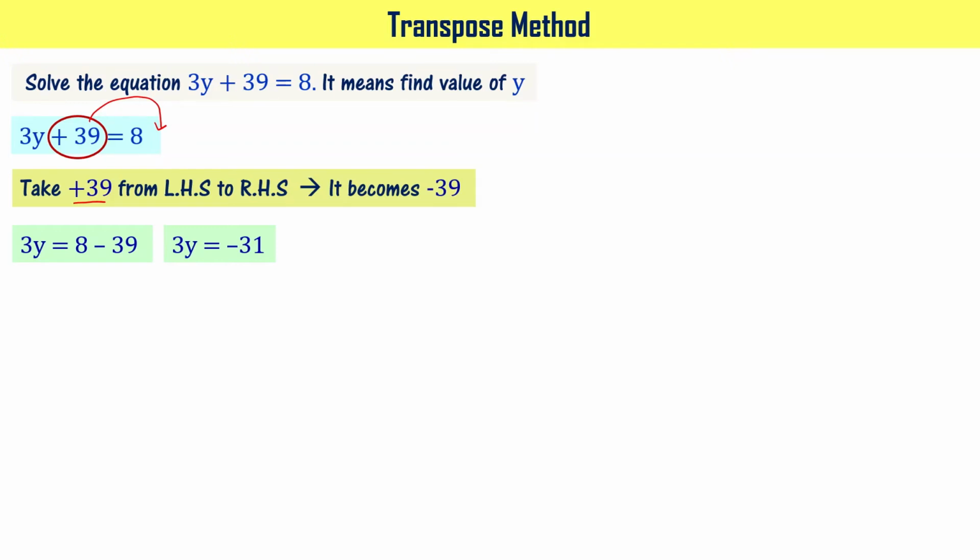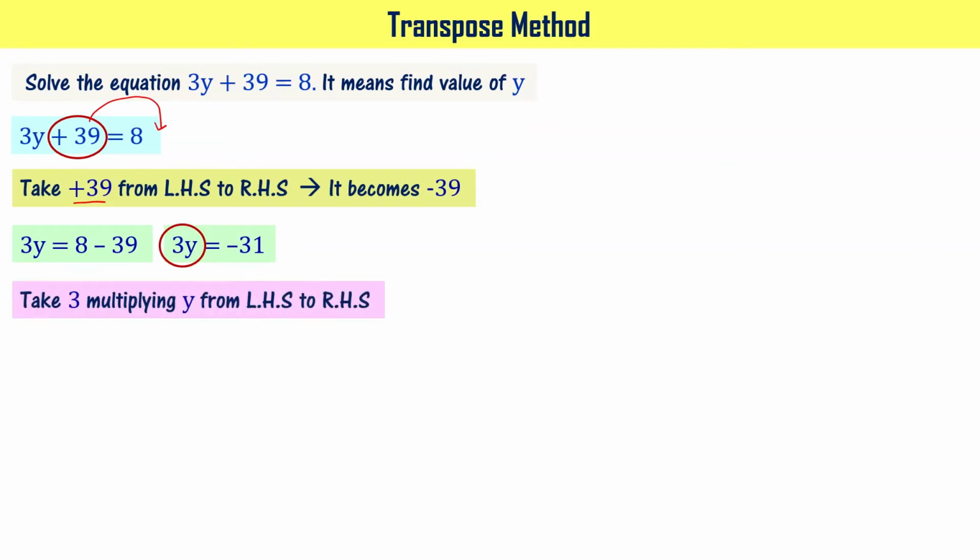Now to simplify it further so that I can get the value of y, since 3 is multiplying y, I say that let's take 3 which is multiplying y on LHS side to the side of RHS of the given equation. It means I want to take this particular 3 and move it on to right hand side.